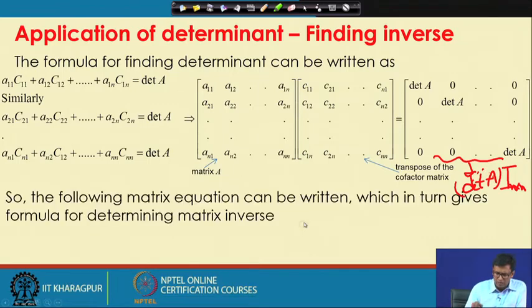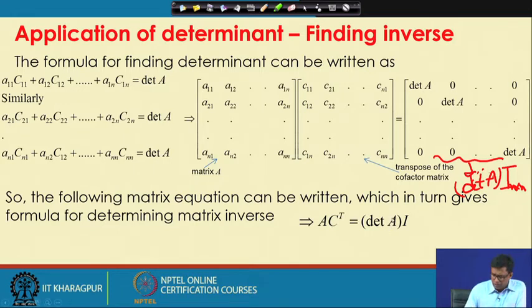We can further write the following matrix equation, which is basically the expression for the determinant of A using each row and its cofactors. This matrix equation is: matrix A into the transpose of the cofactor matrix, C transpose, is determinant of A into an identity matrix.